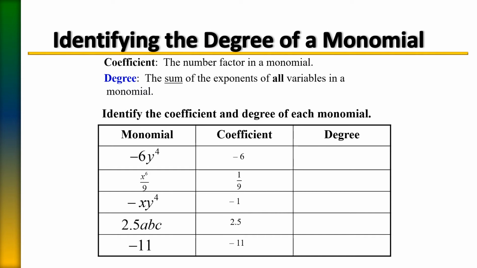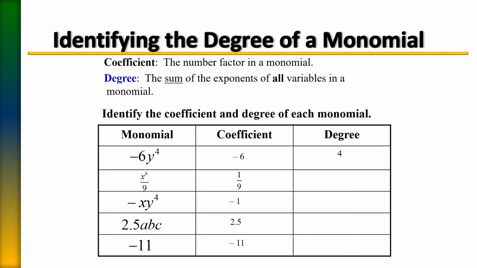So let's take a look at some degrees here of terms. So here we have negative 6y raised to the 4th power. So obviously, yes, the coefficient is negative 6, but in terms of the degree, we look at the variable. We only have one variable. Its exponent is the degree, and that's 4, so the degree of that term is 4.